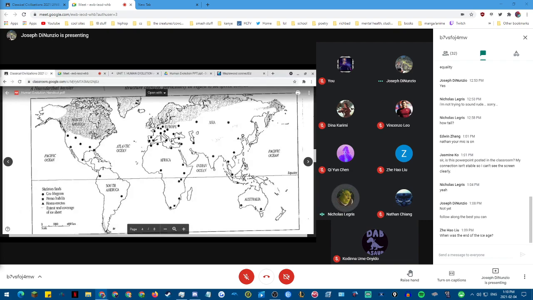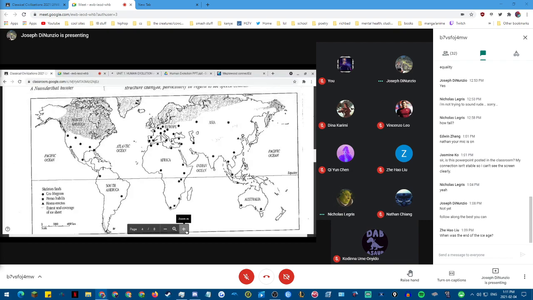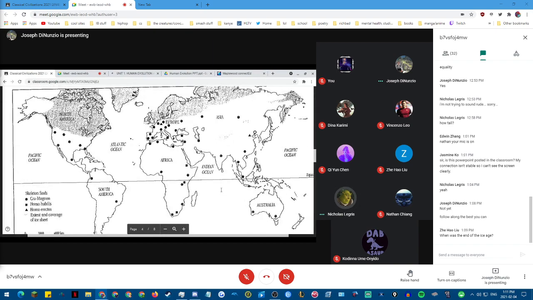I don't see many triangles, only about two, one in Asia and one in Europe. Of course, you see the Cro-Magnons throughout the world. But you do see the Homo erectus did make it to Asia. You can see Java down here as well, so the Homo erectus certainly traveled.